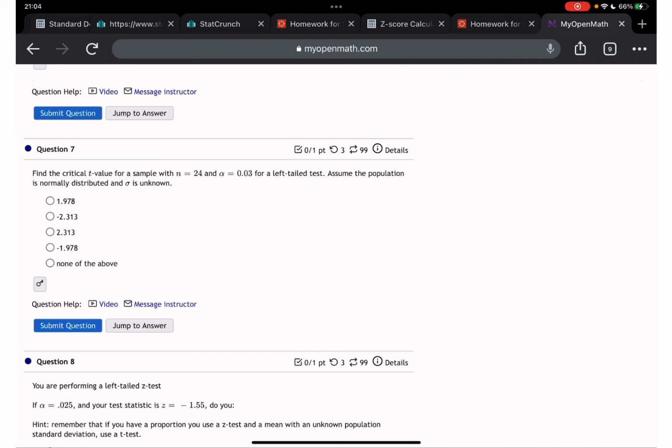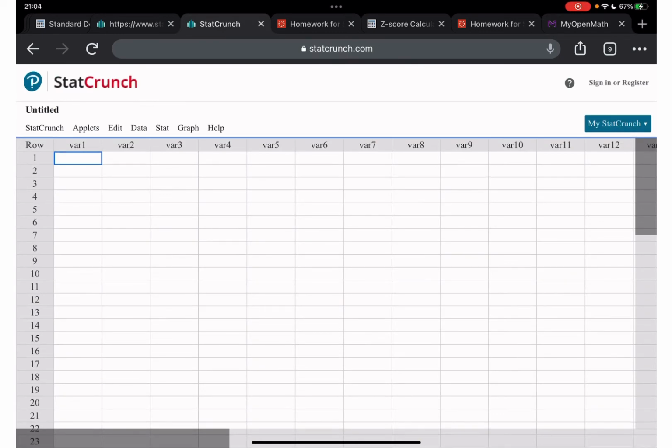More than 30, we would use z-score. Degree of freedom is n minus 1, which is 23, right? Just to remind you, hold on, my pen is not working, looks like. Okay, connected. We're good. So if n is 24, then degree of freedom is 23.